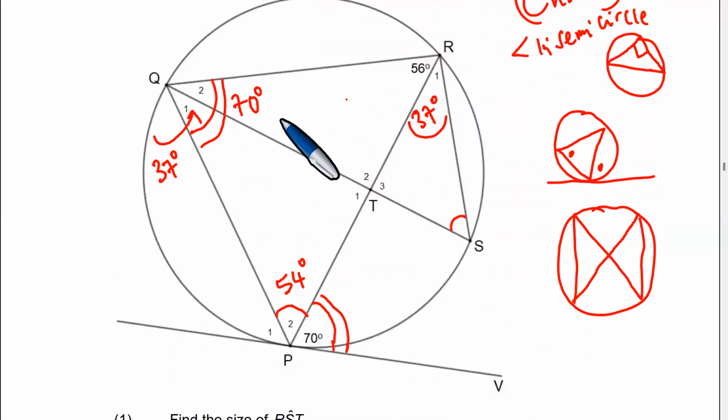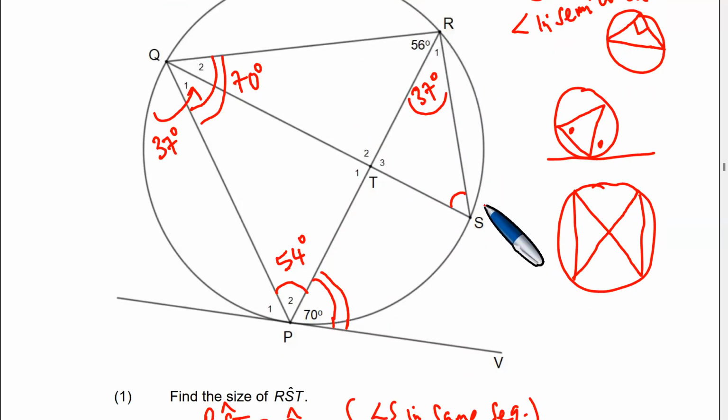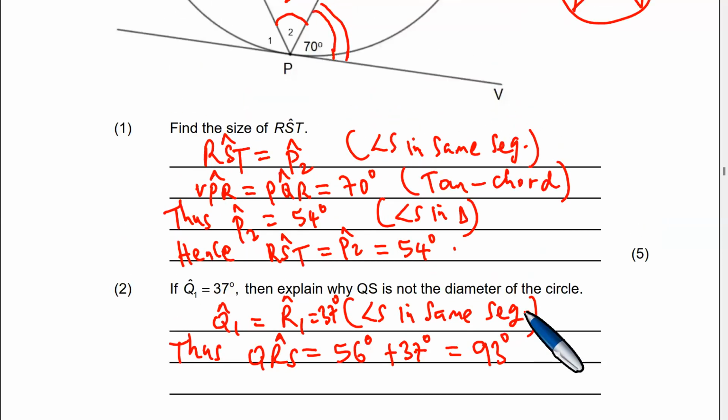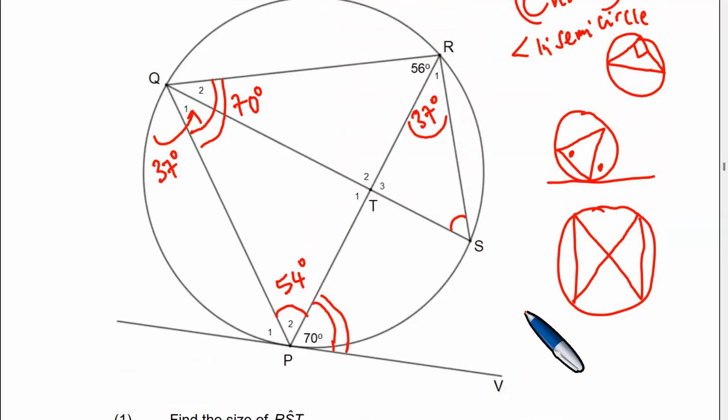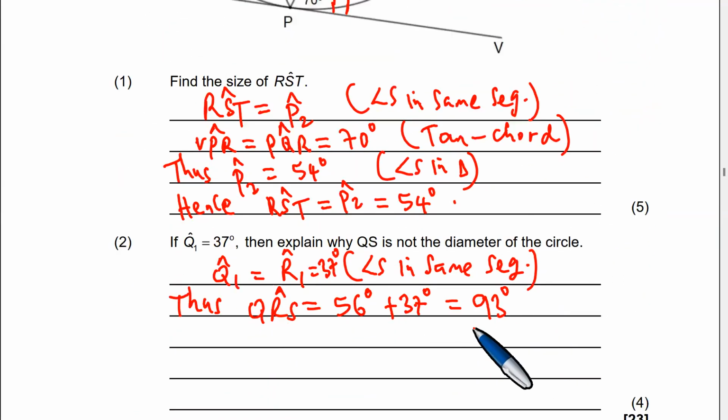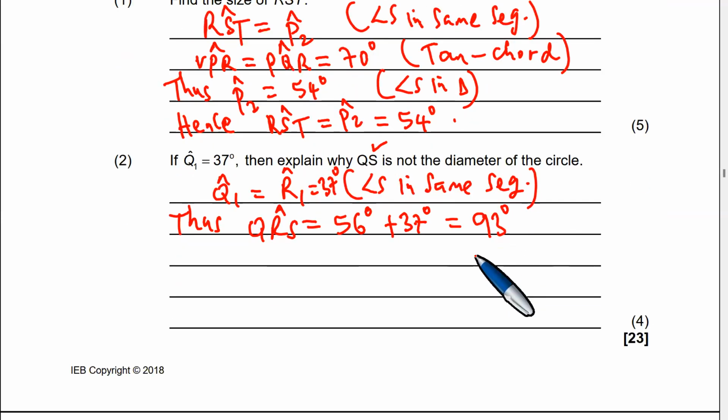So QRS is actually 93 degrees. If QRS is 93 degrees, we are good. We are so good. Right, so what next do we say here? It must be 90 degrees if QS is to be the diameter. So QS is not the diameter of the circle.